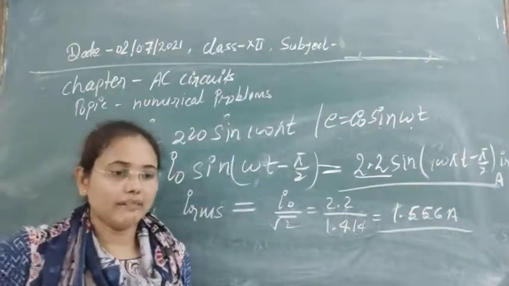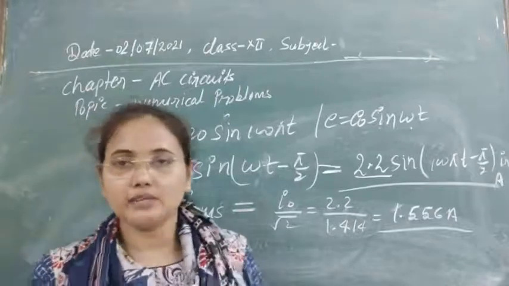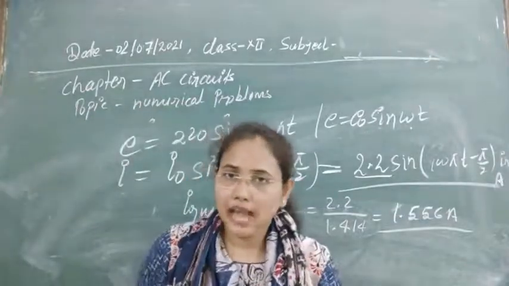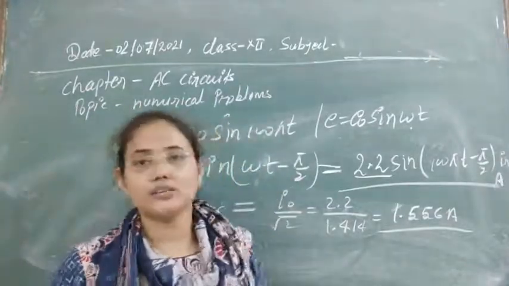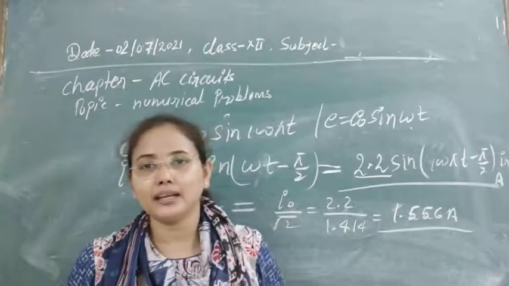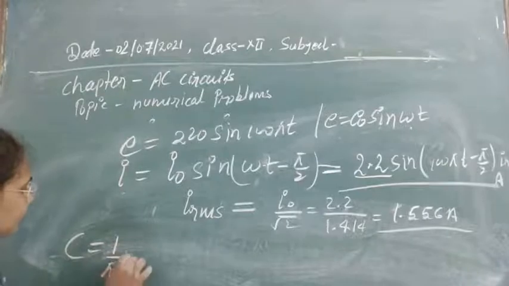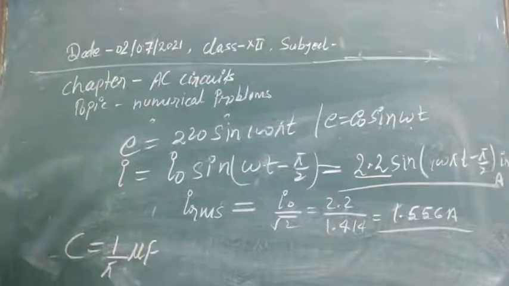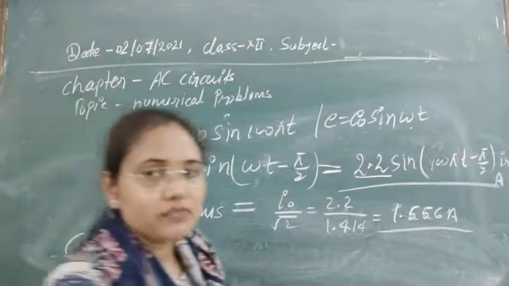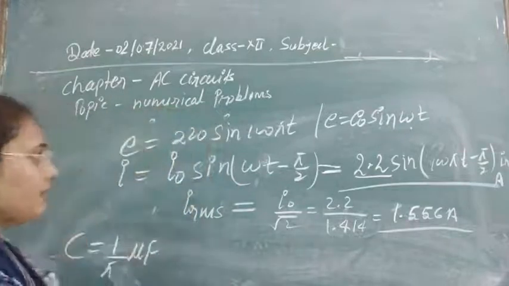Now if I ask the same question for the capacitive problem: we have a pure capacitive circuit, and we have connected a capacitor of capacitance 1 by pi microfarad. What will be the instantaneous value of the current for this capacitive circuit?